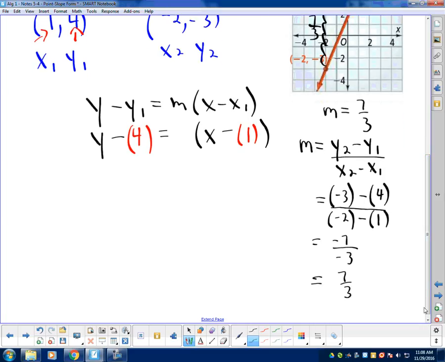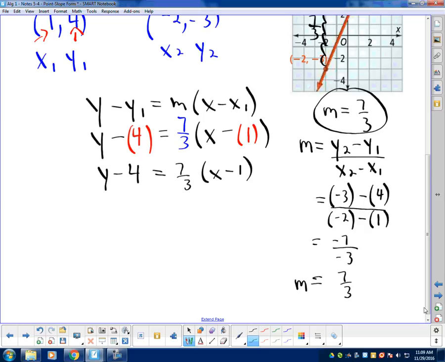So exactly the same slope I got up here by counting and looking at the picture. So if m is equal to 7/3, I can go back over here to my equation and place 7/3 in for m. And that is the equation of the line. You clean it up and rewrite it here, but I have y minus 4 equals 7/3 times (x minus 1). And that's the equation of the line in point slope form.